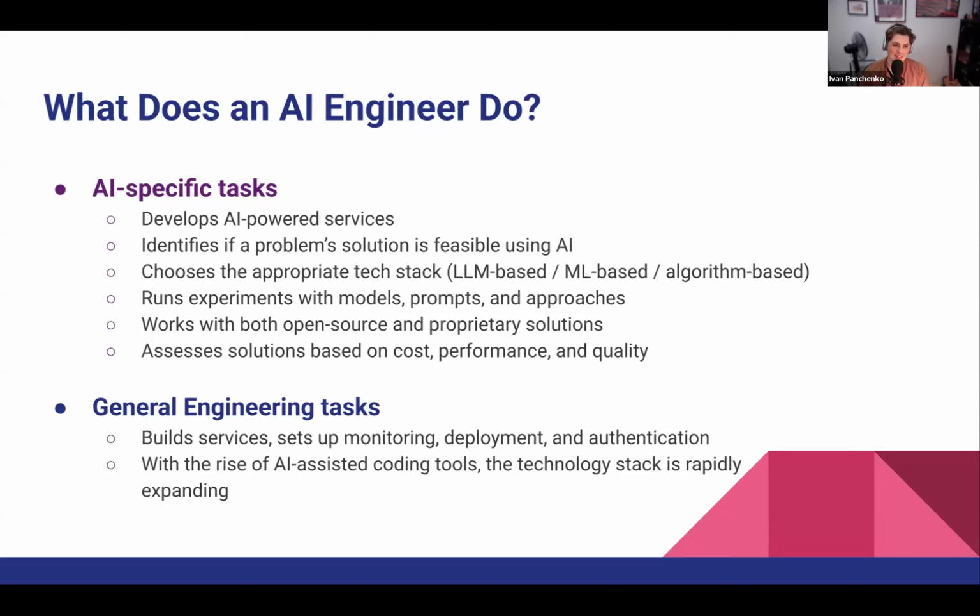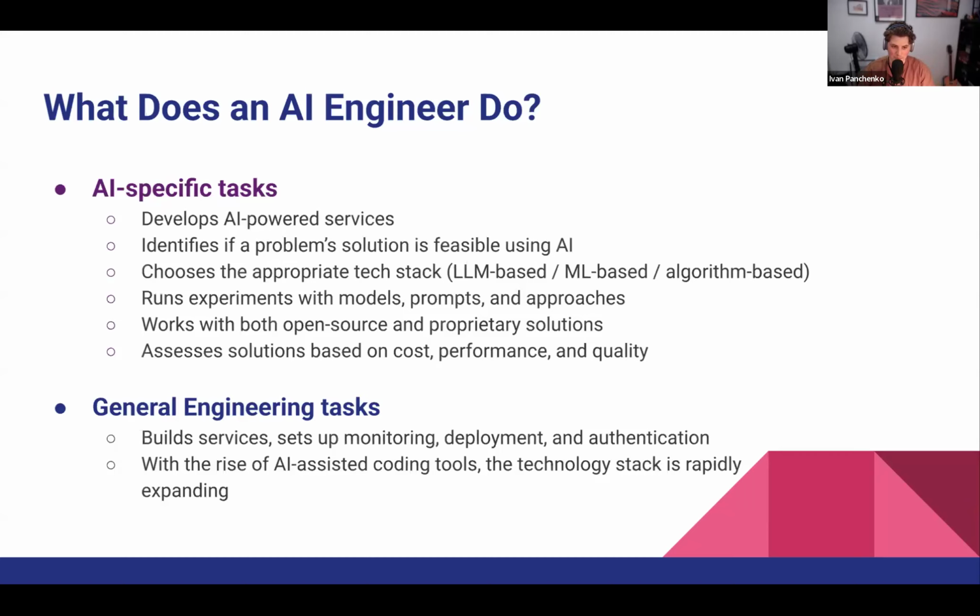The first one is AI-specific tasks, which are more about the specifics of the artificial intelligence engineer job. It is all about working with large language models. It is about understanding what's under the hood, knowing how to deal with it, what algorithms are used, how to write prompts, which model to use, and so on.